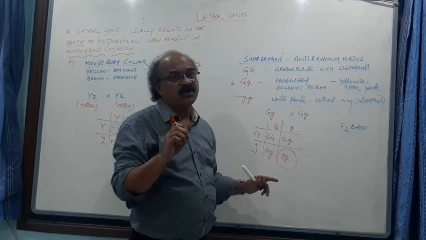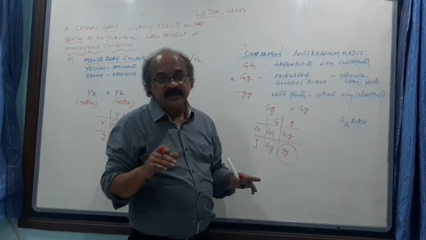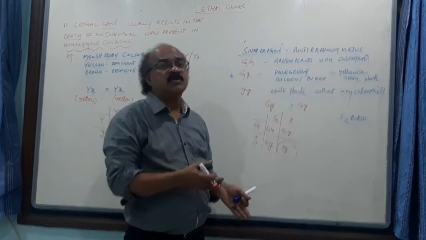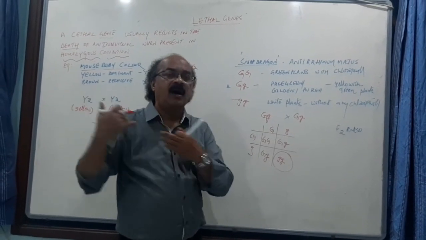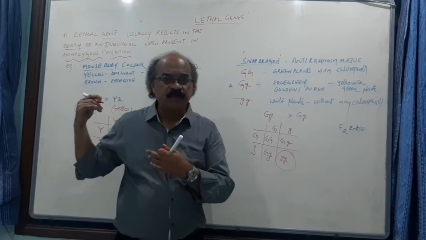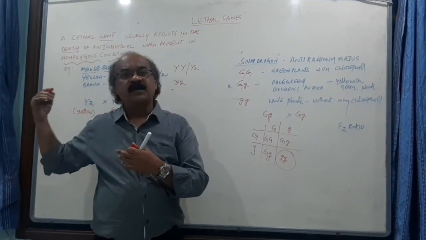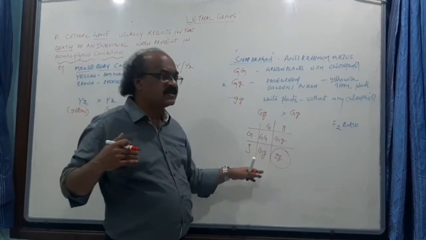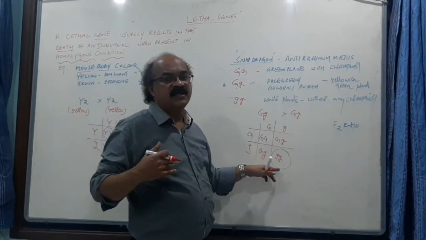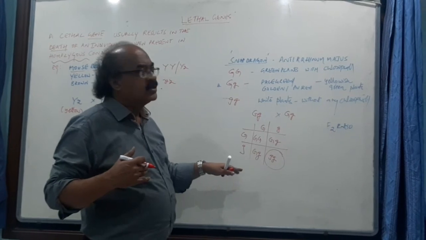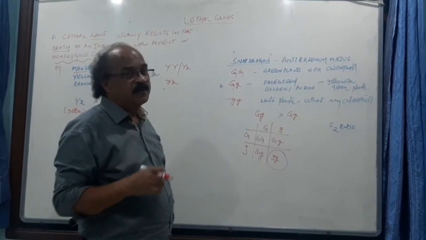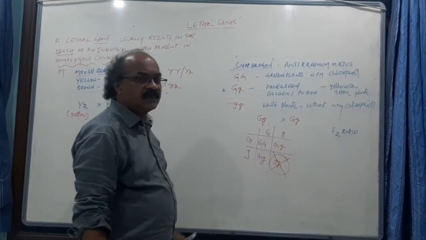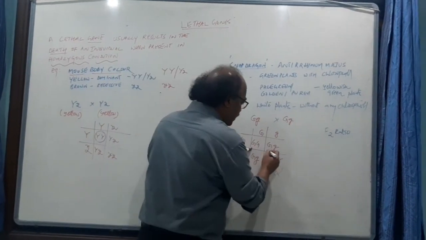So there is one question: must lethal genes be in the dominant or recessive homozygous condition? In some cases, the homozygous dominant condition is lethal. In some cases, the recessive gene condition is lethal. Finally, one point: it cannot survive. What is the ratio?